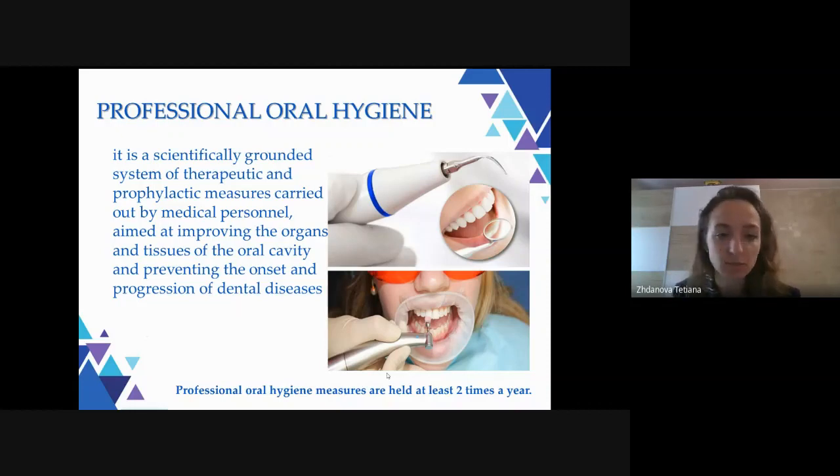It is a system of therapeutic and preventive measures, when we work in the dental chair and do special medical procedures, preventing oral diseases.